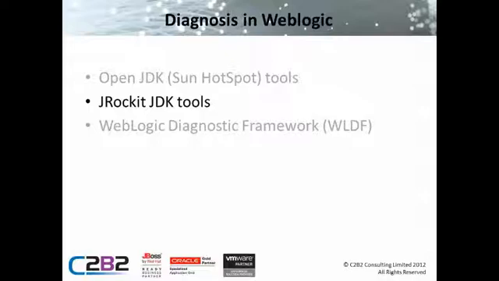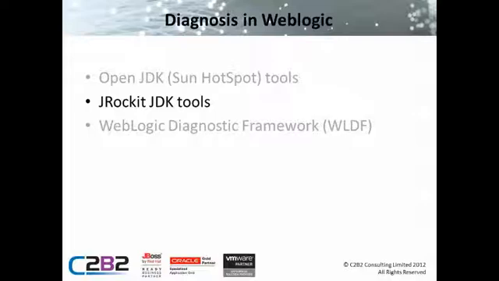Now this is really from much more of a WebLogic focused perspective, although JRockit is just a JVM, the same as Hotspot, and the JRockit JDK tools, just as the Hotspot tools, can be used for any Java process.